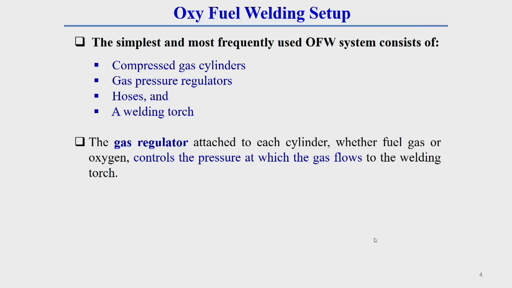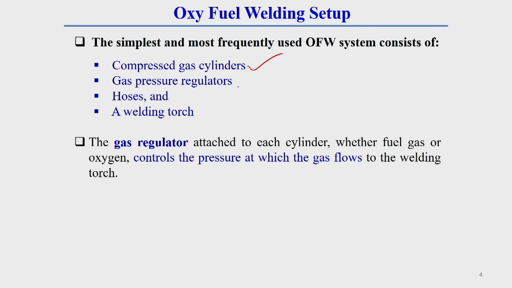Now we will discuss the oxy-fuel welding setup. The simplest and most frequently used oxy-fuel welding system consists of the following four components. One is compressed gas cylinders: there are two different cylinders, one containing oxygen gas and another containing fuel gas.